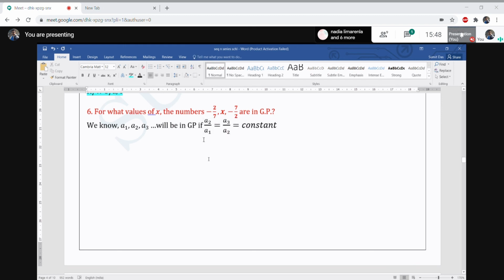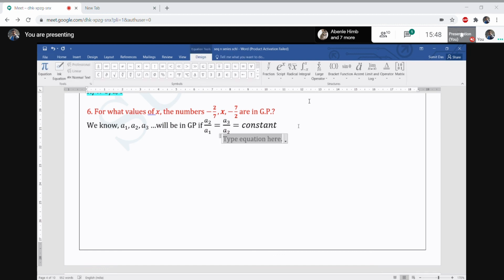So what we have to do here is check x divided by minus 2 by 7 is equal to minus 7 by 2 divided by x. I'm writing it like this so that you can understand properly.